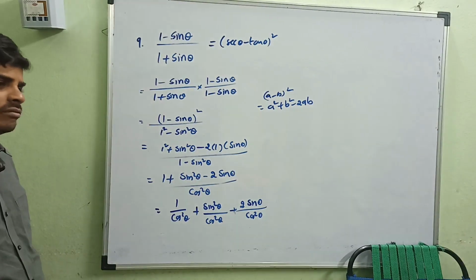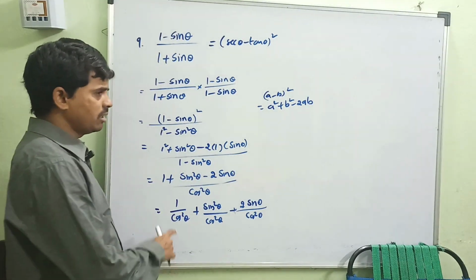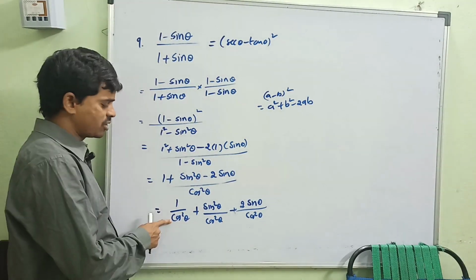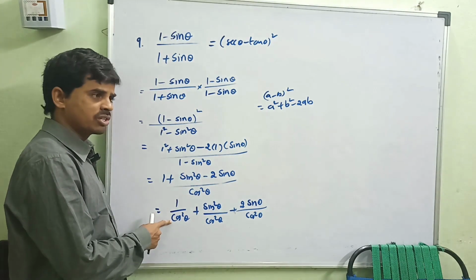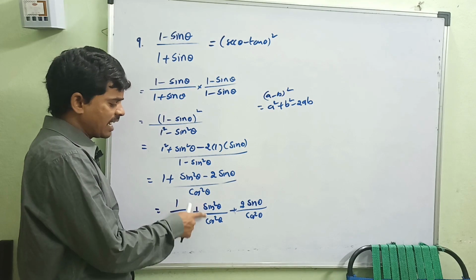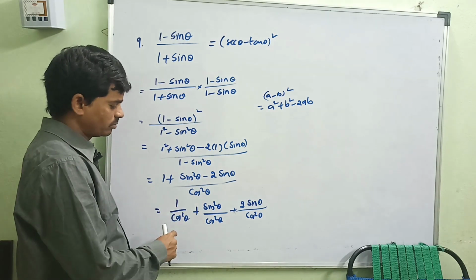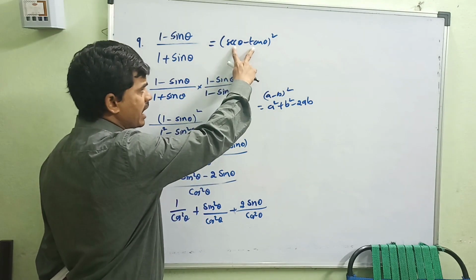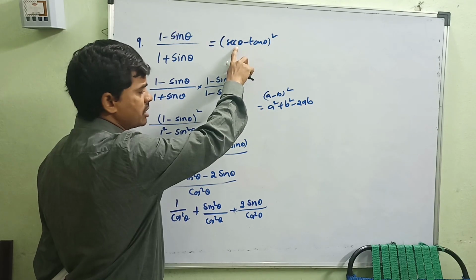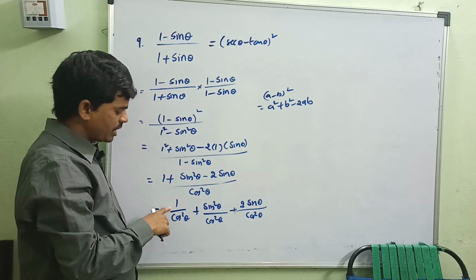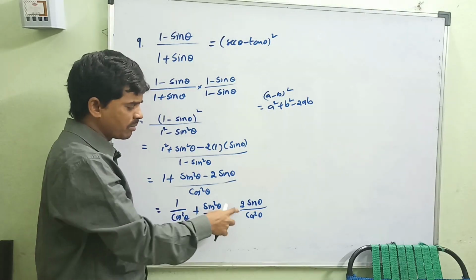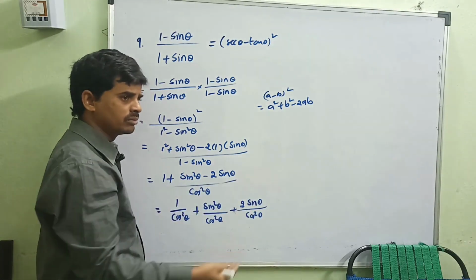Once you observe these terms, 1 by cos square is equal to secant square. Sin square by cos square is tan square. If we want to get (a minus b) whole square, with secant minus tan inside, then here also we need secant square plus tan square minus 2 secant tan.